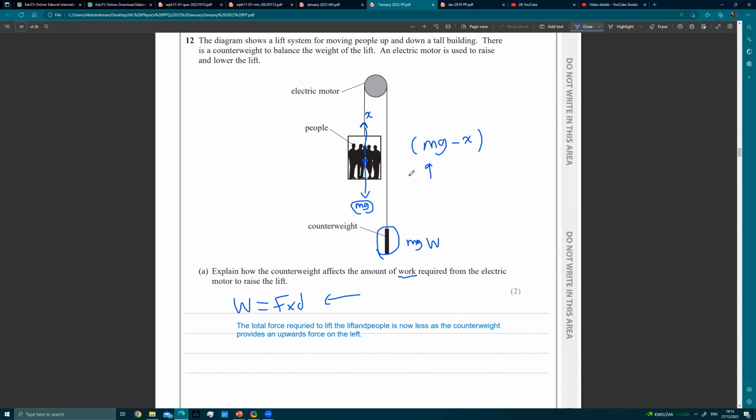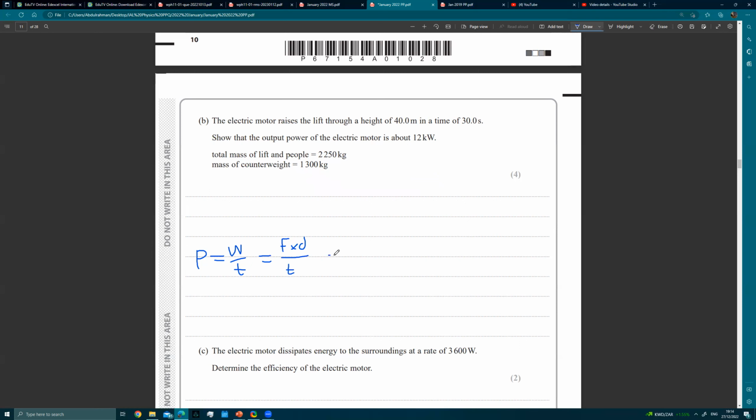Does that make sense? So the downward force is from this. So it's 2250 times by g, which is 9.81. And this is minus this force here, the weight of the counterweight, which is 1300 times by g.